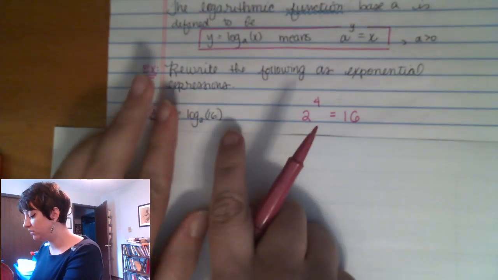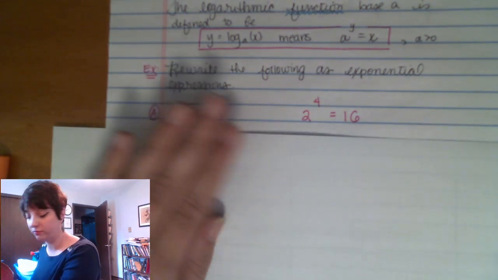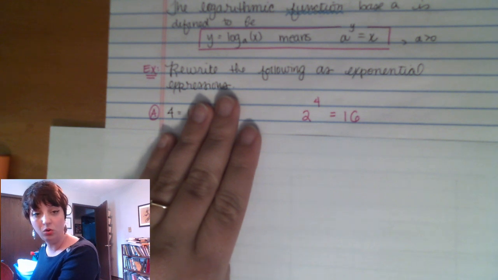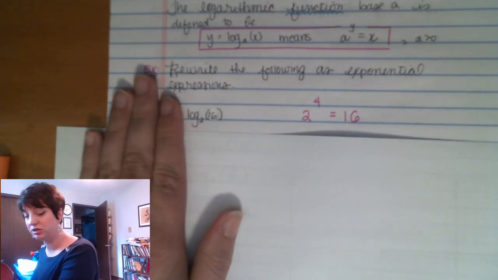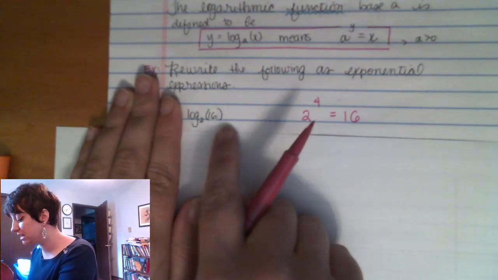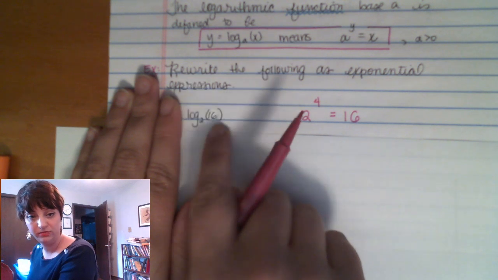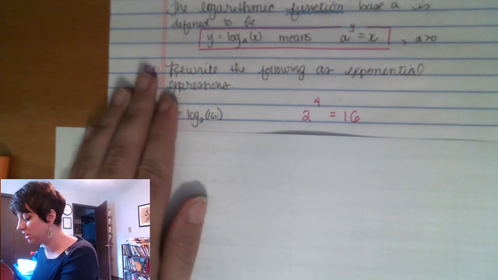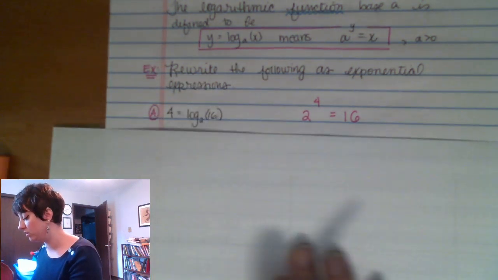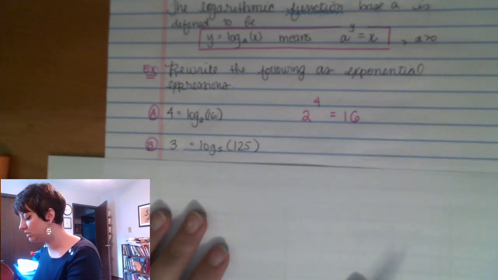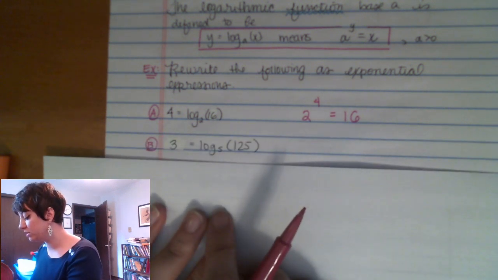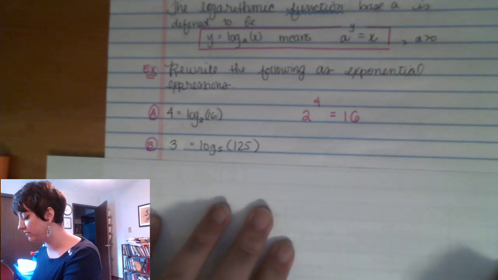So I can either write the number 4, or I can write log base 2 of 16. And when I see log base 2 of 16, I'm thinking, 2 to what power is 16? That's what the logarithm is trying to tell me. It's trying to tell me that it's 4. All right, let's do another one. 3 equals log base 5 of 125.